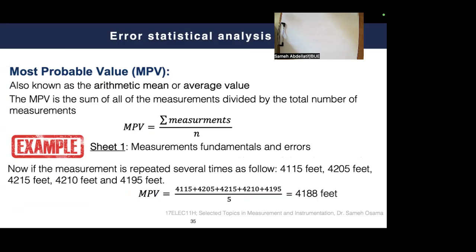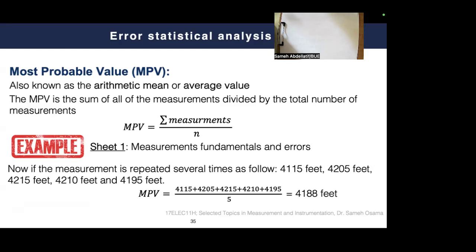Here we have 5 measurements, so I just sum all these values, a very basic, unbiased averaging, and divide by 5. I will get 4,188, which is the most popular value, or the average value.